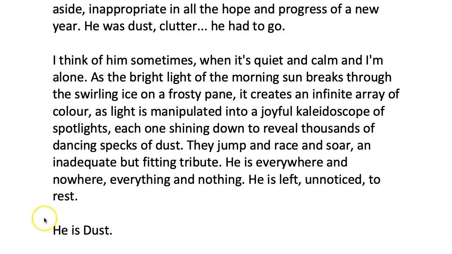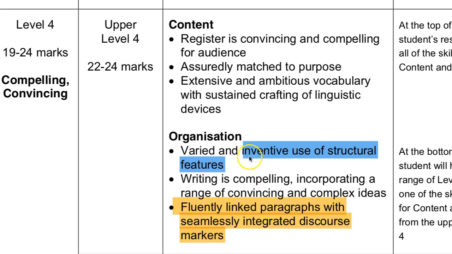So at the end of the description, the student has given us this final line: he is dust, a clear allusion to this character having died. And we can see there that this motif works as a structure because the writer comes back to it at the end. And having that motif gives you this mark: inventive use of structural features.